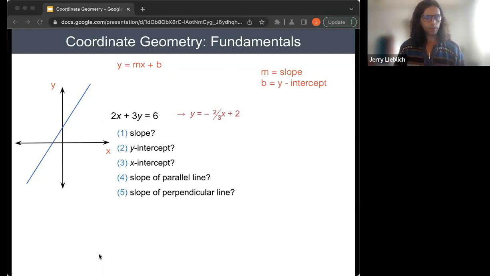And slope is equal to rise over run, or the change in y over the change in x. The y-intercept is where the line crosses the y-axis.